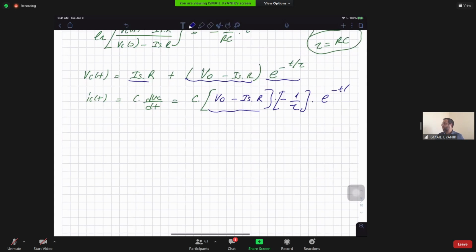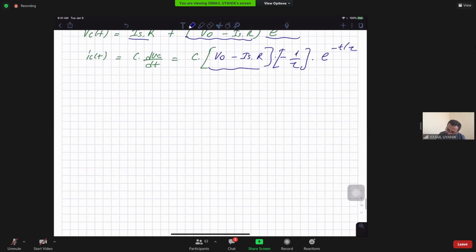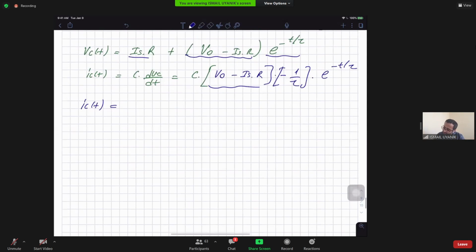So this is tau now. And I hope I can make some simplifications here for IC(t). So this tau I can replace with RC. So that C will cancel this thing, that R will cancel this, right? If I'm not making a mistake.